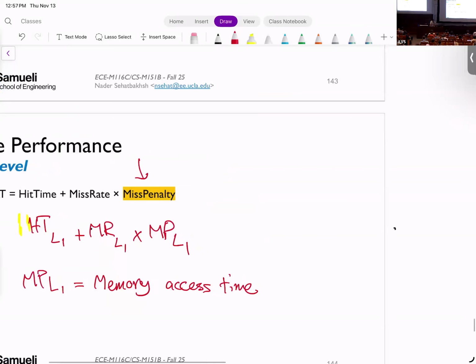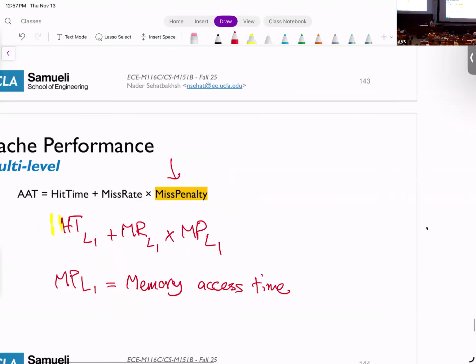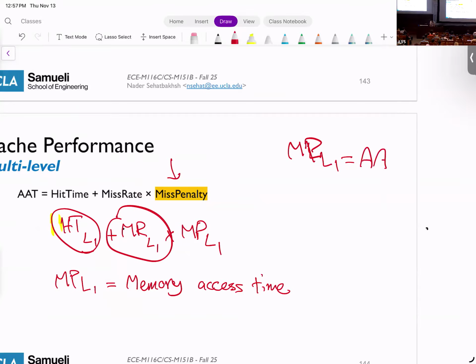Now, if I add a level 2, the hit time of level 1 stays the same. The miss rate of L1 also stays the same. What changes is that now my miss penalty of level 1 becomes the average access time of level 2. Okay? So now what is the average access time of level 2?